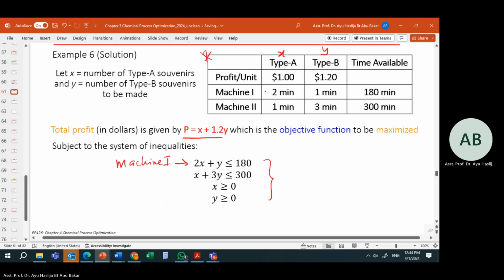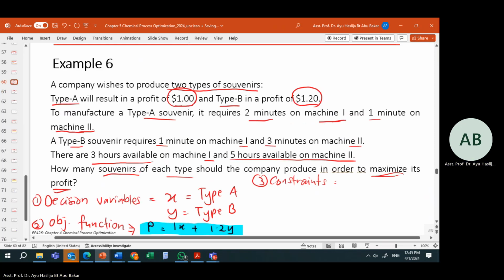2 minutes of type A plus 1 minute of type B must be less than or equal to 180. How do we know this sign? Based on the description: there are 3 hours available, so the max is 3 hours on machine 1 and 5 hours on machine 2.